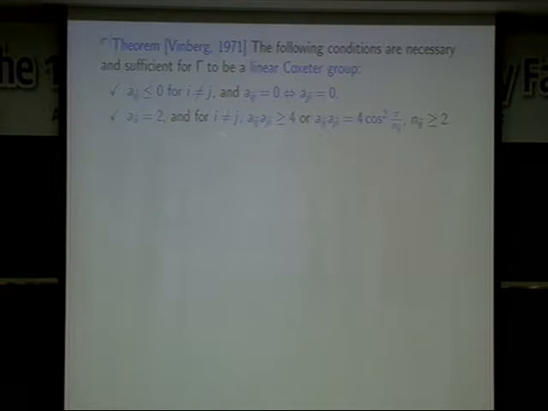And for a pair i and j, the non-diagonal element is non-positive, and if one entry is 0, then the opposite entry is also 0. Okay?